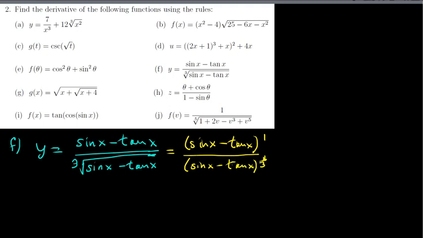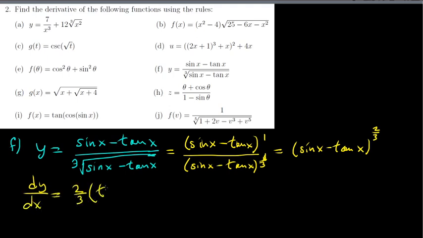And what's in the parentheses is the same. So just by using the rule of exponents, this is sine x minus tangent x to the 1 minus 1/3, which is 2/3. And now you just use the power rule and the chain rule to take the derivative. So 2/3 times tangent x sine x minus tangent x.